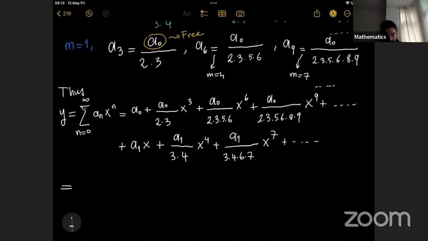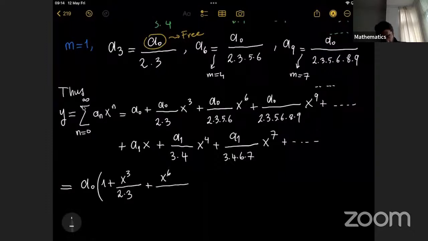Well, let's take this in a0 parentheses. In the first one, we will have 1 plus x cubed over 2 times 3 plus x to the 6 over 2, 3, 5, 6 plus x to the 9 over 2, 3, 5, 6, 8, 9. So you see the pattern right here. And it goes like that.